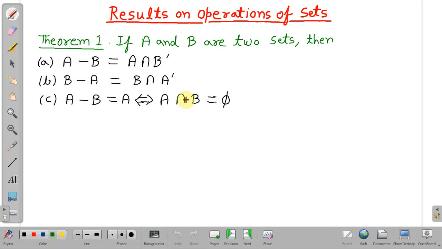And vice versa, if it is given that A intersection B equals phi, where phi is the empty set, then A minus B will be equal to A.